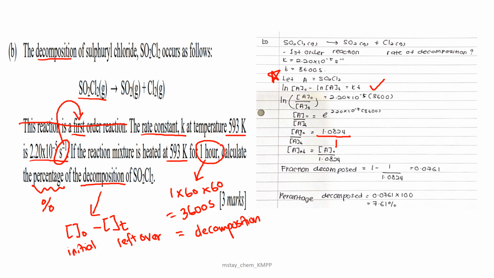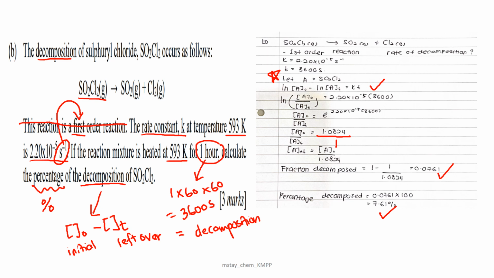You will get the idea that initial concentration over the concentration left over is 1.0824/1. So if you want to know how much is left over, you will use initial, which is referred to 1/1.0824. So this is the fraction of decomposition. But the question asks for the percentage, so you have to convert into the percent, so you will get 7.61.